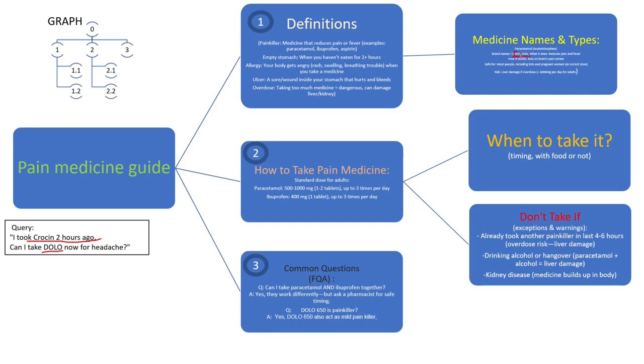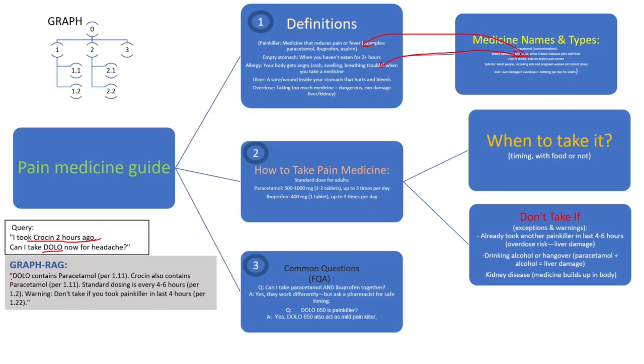So for Crocin, it will go to the pages, get the data, and for Dolo, it will go to the page, get the data, and then provide the output. Dolo contains paracetamol, Crocin also contains paracetamol, and it will provide the standard dose. Here you have to observe one thing: it doesn't automatically say both are the same drug, and it doesn't calculate automatically, and even if it calculates, it will take time, and it doesn't conclude the overdosage risk.